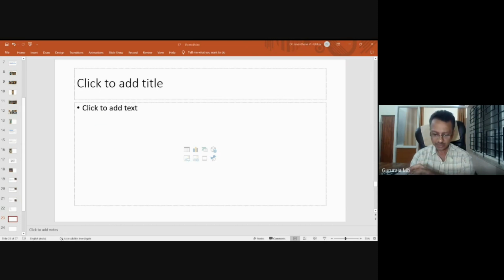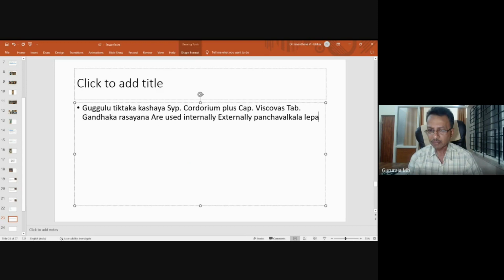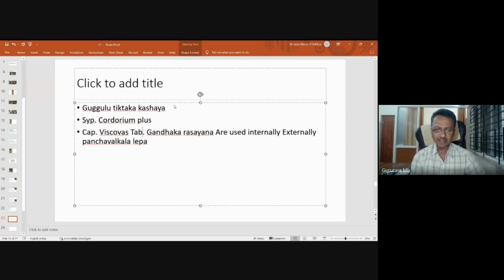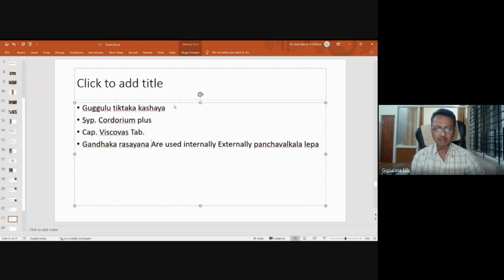The syrup was given at a dose of 10 ml thrice a day, and Viscovas capsule 1 capsule 3 times a day after food. Externally, I asked him to apply Panchavalkala lepa and dress it properly, and I suggested mild exercises.